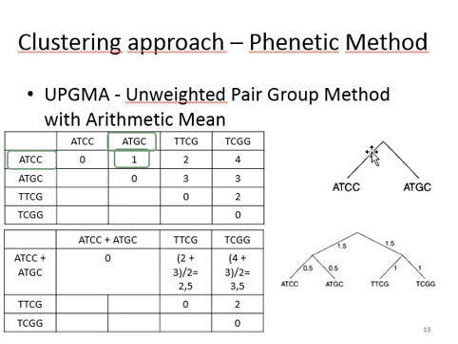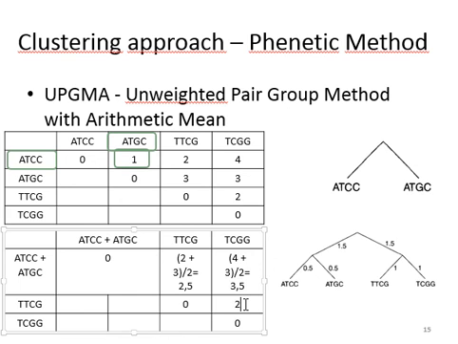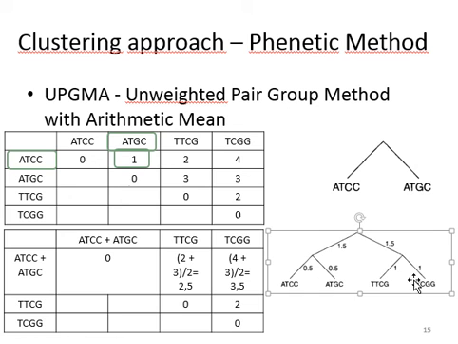Then follows the calculation of the branches between each other sequence and this new common ancestor. Let's find the next lowest value, which is between these two sequences, the value of 2. If their distance is 2, halfway the distance between each sequence and their common ancestor is 1 and 1. 1 plus 1 gives 2.